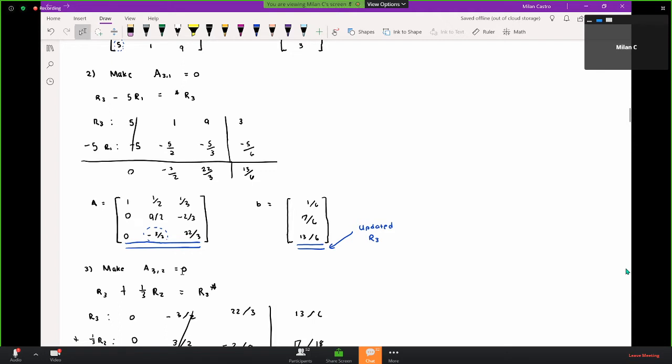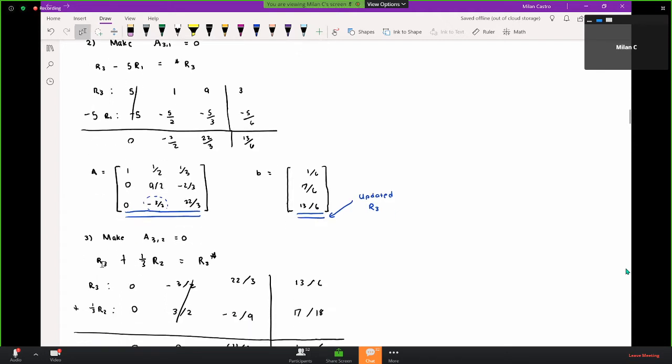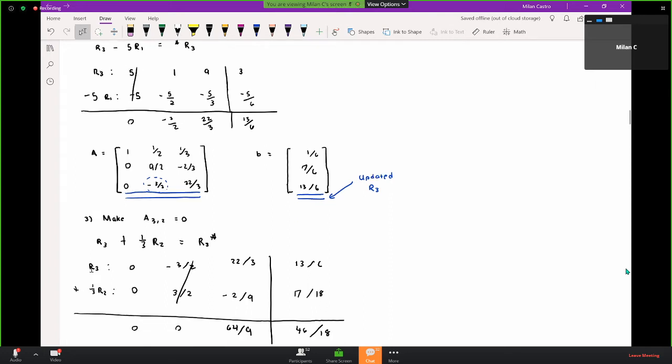So we're gonna make A32 equal to 0. How do we do that? So we're gonna add row 3 and 1/3 of row 2 in order to get a new row 3.